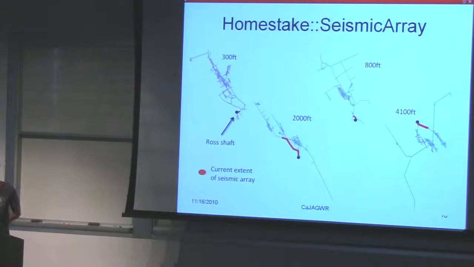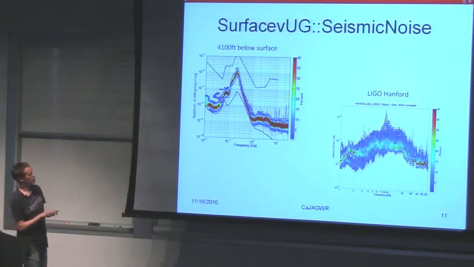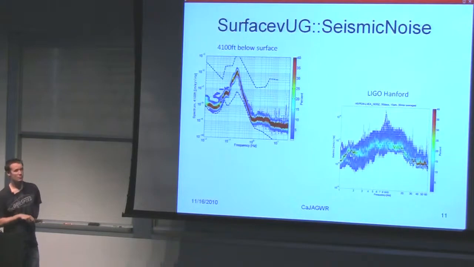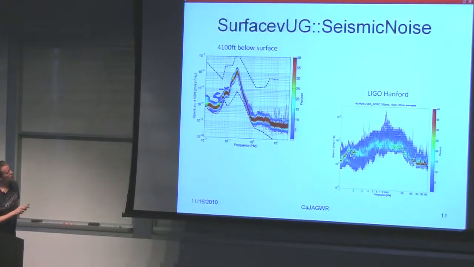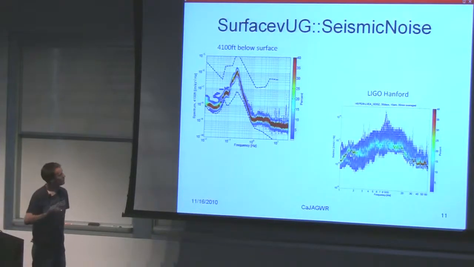We don't have too many seismometers, so we don't have too many results, but we have some. For example, we have measured the seismic spectrum at a depth of 4,100 foot. And there are 2 remarkable things. First of all, if you compare this to the Hanford spectrum, in meter per second per root hertz, look at the 10 Hertz level at Hanford: there you have 10 to the minus 7.